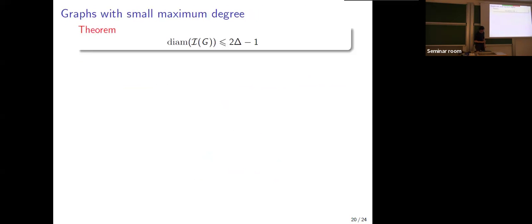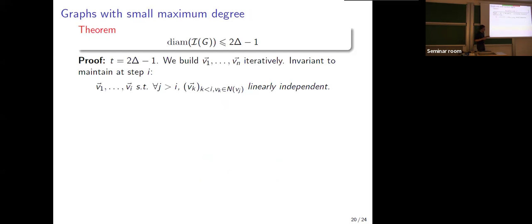Okay. So now let's move to graphs in general, not only bipartite graphs. Using the same method, we can prove that the inversion diameter of G is at most 2 times the maximum degree minus 1. And so now we just do the two steps simultaneously. When you want to add a vertex, you will need to satisfy two types of constraints.